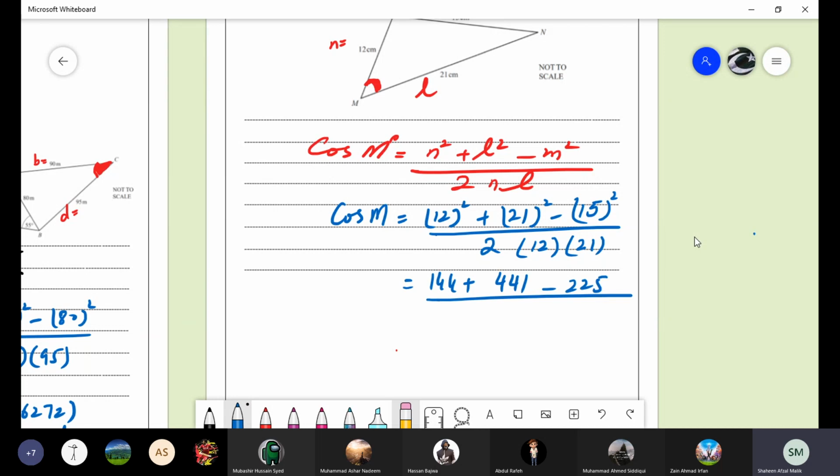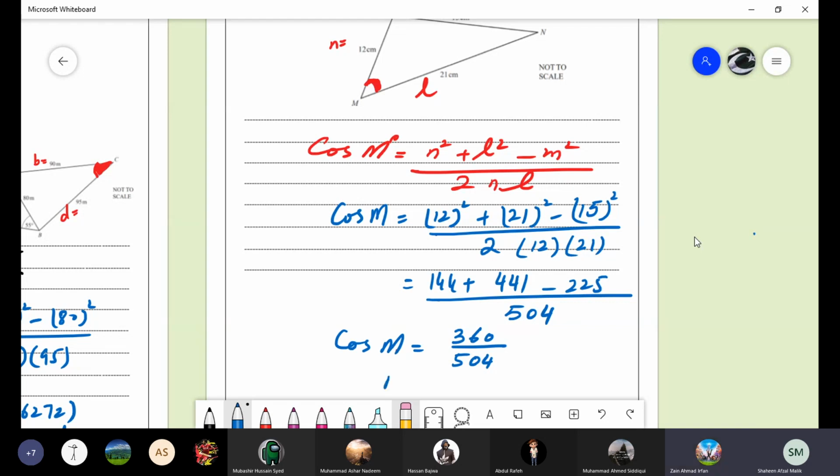Divided by all the multiplied values together: 2 into 12 into 21 is 504. Simplify the numerator also: 144 plus 441 minus 225 is 360. Very good. So cos M.